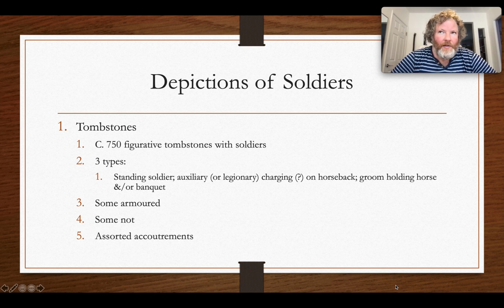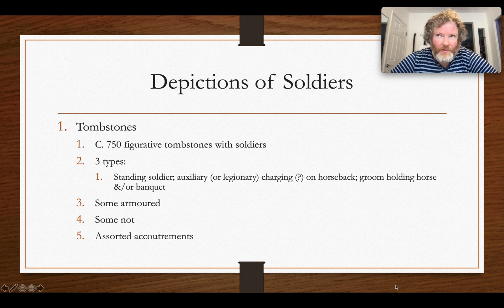I'll note that these 750 figurative images are not necessarily the images of the soldiers themselves in life recreated on the tombstone. Most likely none. Could be wrong, but none of them probably are accurate depictions of the soldiers, not just because of the quality of the workmanship, but maybe because they were made after their death.